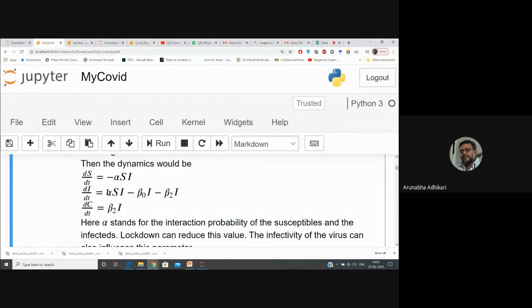Now once one is infected, I assume two things can happen to him. He can be detected and placed in the third compartment. This is my beta 2 I. And the other thing is that he can recover within a few days. That is something I call beta naught I. Beta naught I is a silent recovery, because this I group is not reported.